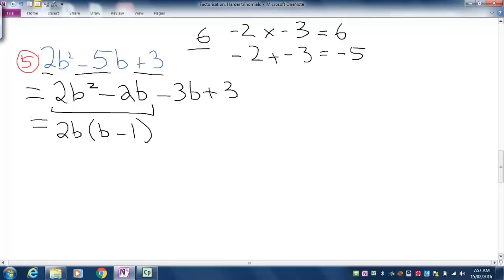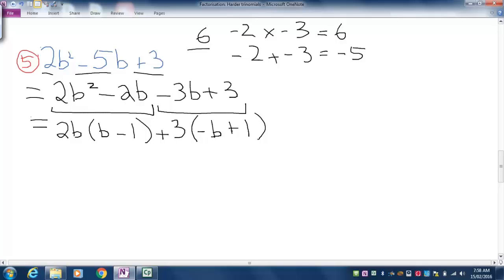Grouping the last two terms in pairs, the highest common factor of negative 3b and positive 3 is 3. And then I need a negative b plus 1 to give me back my expression.